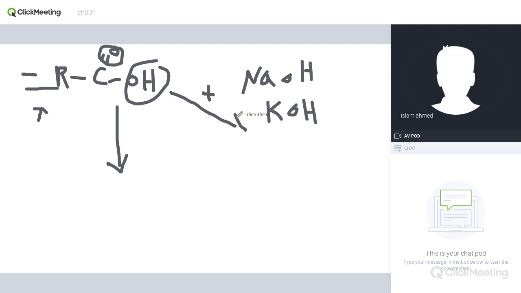Okay, so sodium hydroxide or potassium hydroxide with the fatty acid, organic acid, or the triglyceride, that will give me soap plus glycerol. Okay, soap plus glycerol.